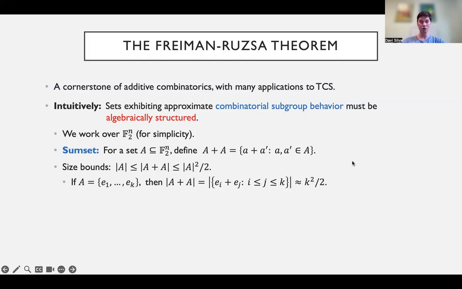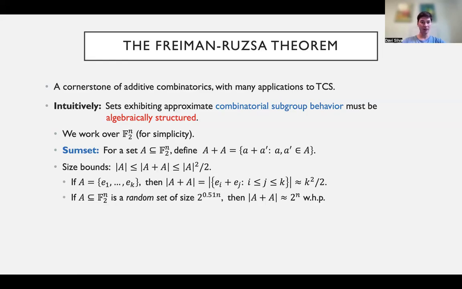And this will be true not only for basis vectors, but for any linearly independent set of vectors. However, even more generally, if A is a random set whose size is slightly larger than the square root of the size of the space, say 2 to the 0.51 times n, then A plus A will contain essentially all of F_2^n with very high probability. And so this will also get close to the upper bound here.